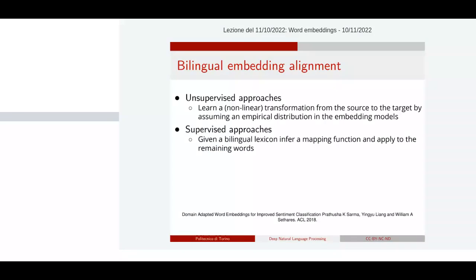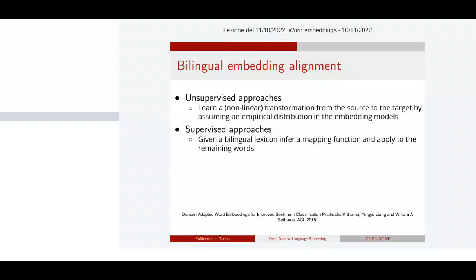So how can we map the words in a source language, so the vector in the common data space of a source language, with the corresponding word in the target? This is an empirical way. This is pretty much similar to a statistical approach to machine translation, where you have to compute the probability that a piece of text in the source language can be mapped into another piece of text in the target language.